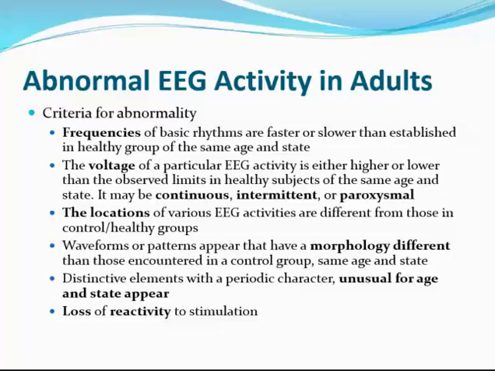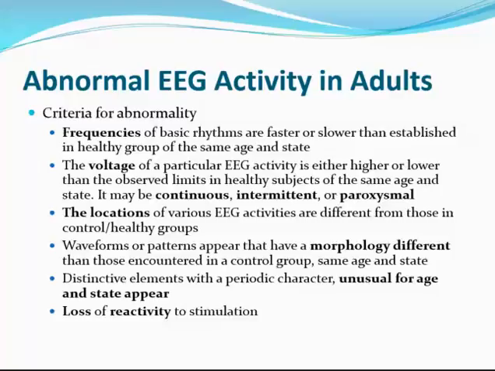The frequencies of basic rhythms are faster or slower than established in healthy groups of the same age and state. The voltage of a particular EEG activity is either higher or lower than the observed limits in healthy subjects of the same age and state. It may be continuous, intermittent, or paroxysmal. The locations of various EEG activities are different from those in the control or healthy groups.